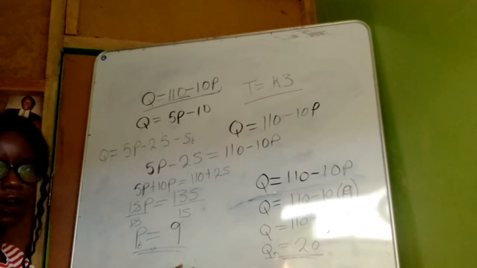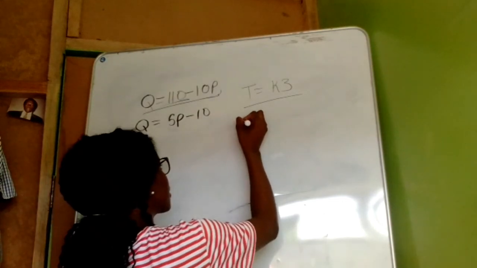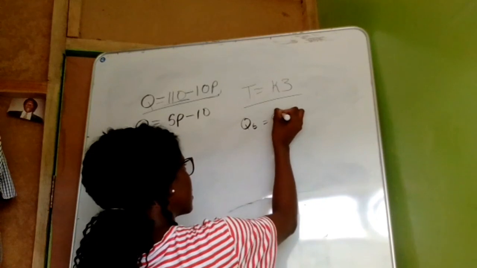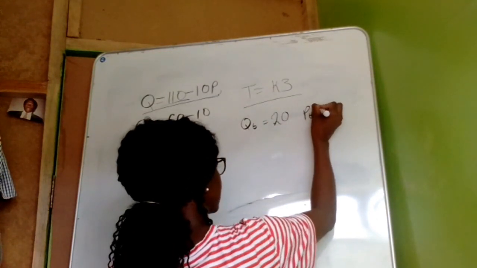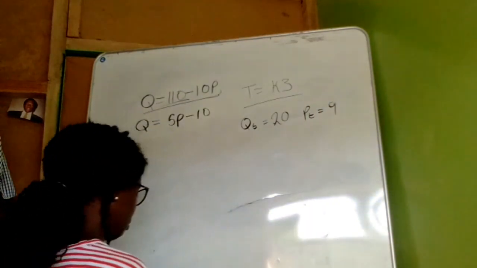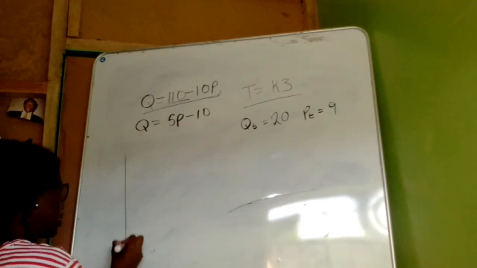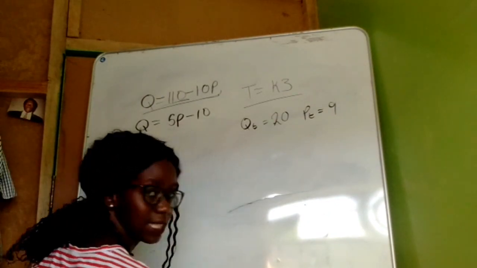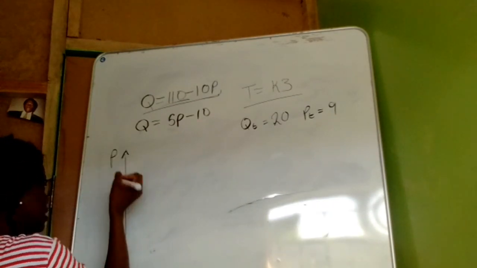So we can now come to how the graph will change. Our quantity Q after tax is 20, and our price after tax is 9. This is our equilibrium price and quantity. So to draw the curve, we'll start with the original one. So we have quantity there. Is it clear? Okay. And we have price there.